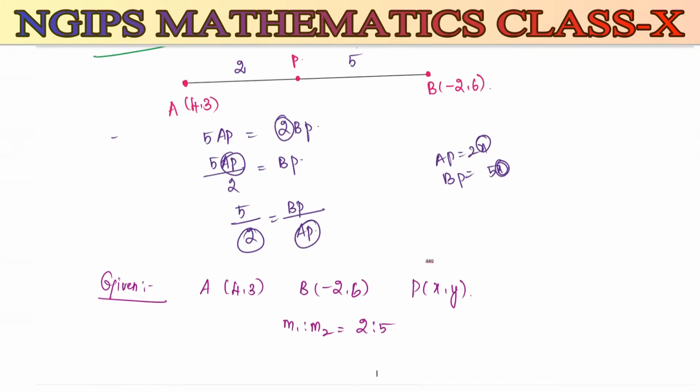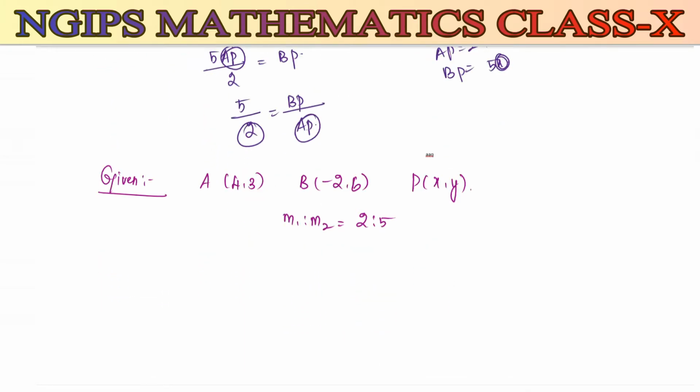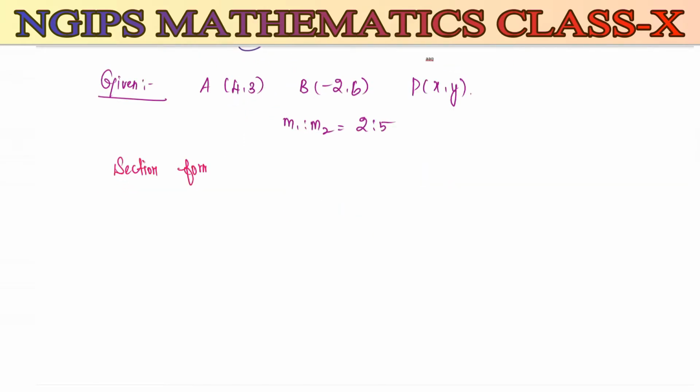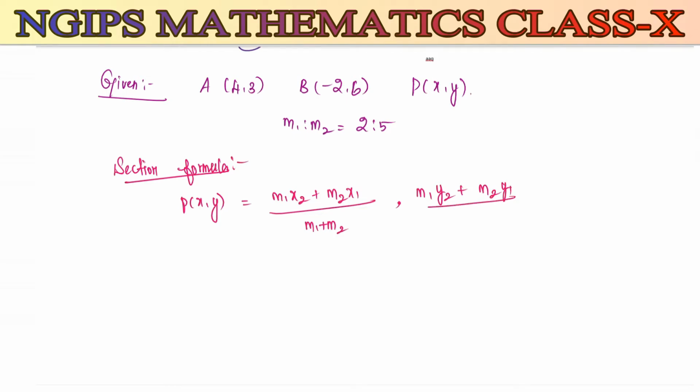Now we can use the section formula to find the coordinate of P. Section formula: P of x comma y is equal to m1 x2 plus m2 x1 divided by m1 plus m2 comma m1 y2 plus m2 y1 divided by m1 plus m2.